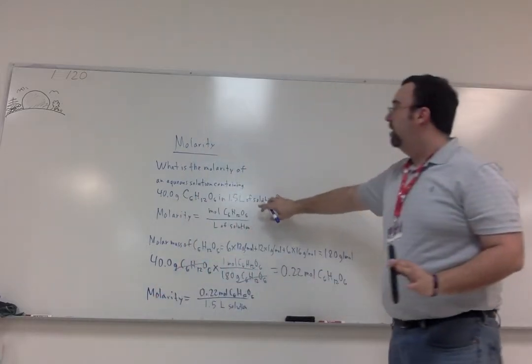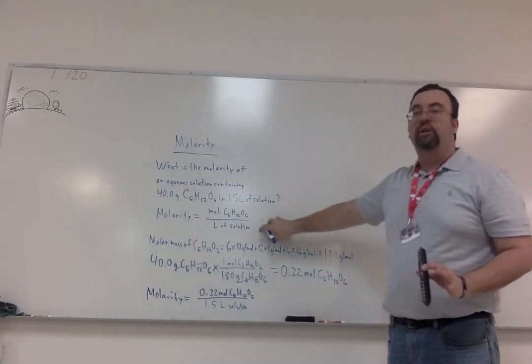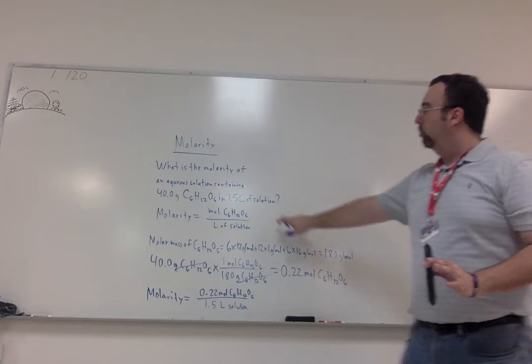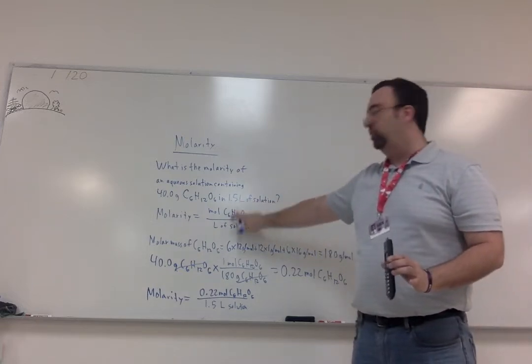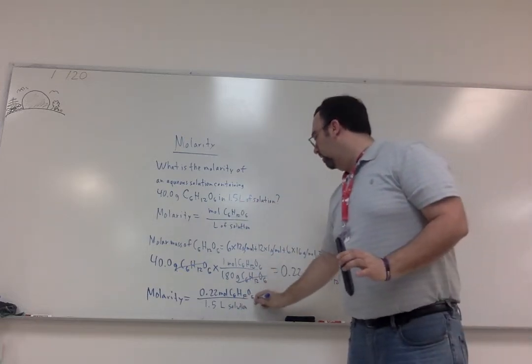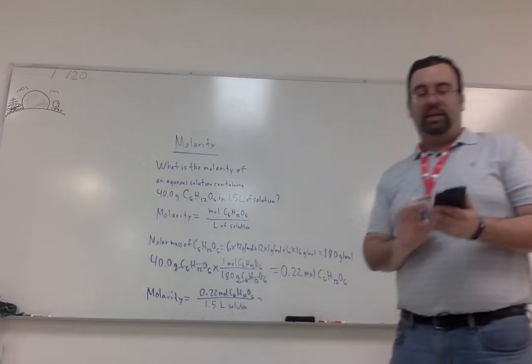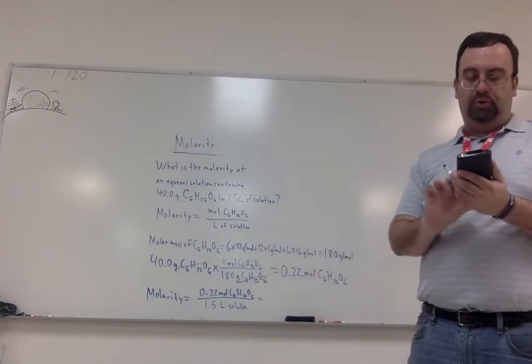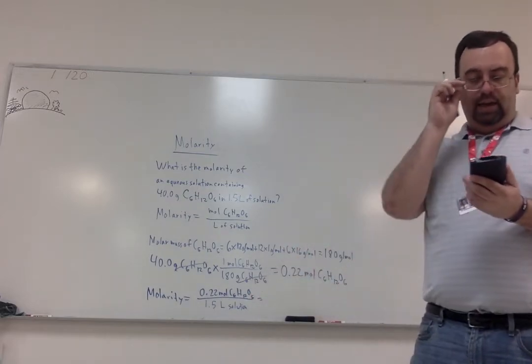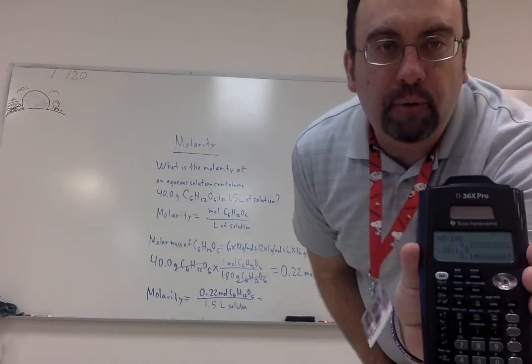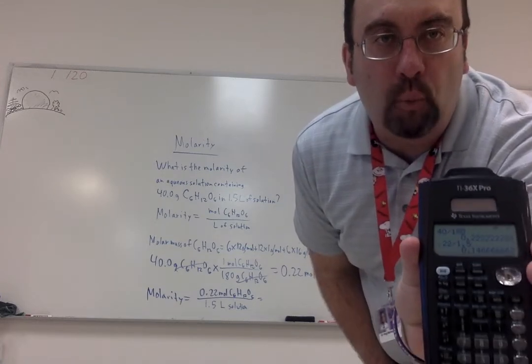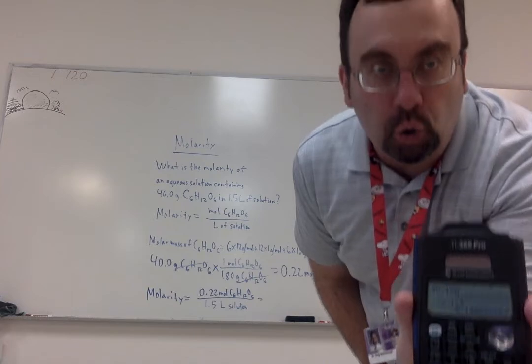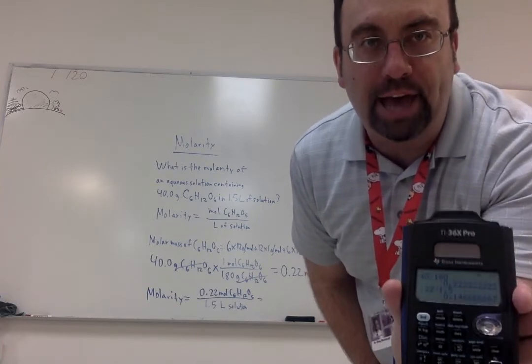So again, we take the mole over the liter. Here's our mole. We're told that we have 1.5 liters of solution, so that goes here. And so to calculate this, we're going to take 0.22 divided by 1.5. And so I'm going to end up with something roughly 0.15 molar. And I'm going to use the capital M as the abbreviation.